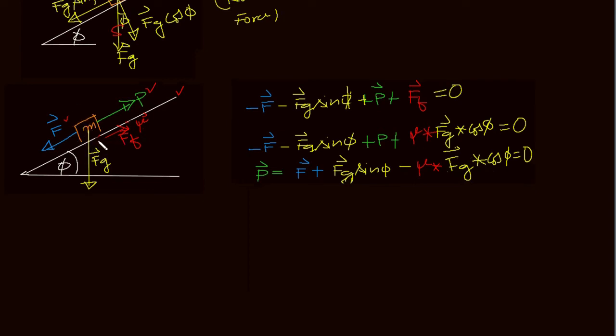Let me draw the component of interest, which is in this direction, and this is Fg sine phi, and this one is Fg cos phi, and at this point we should erase this so that there is no confusion.